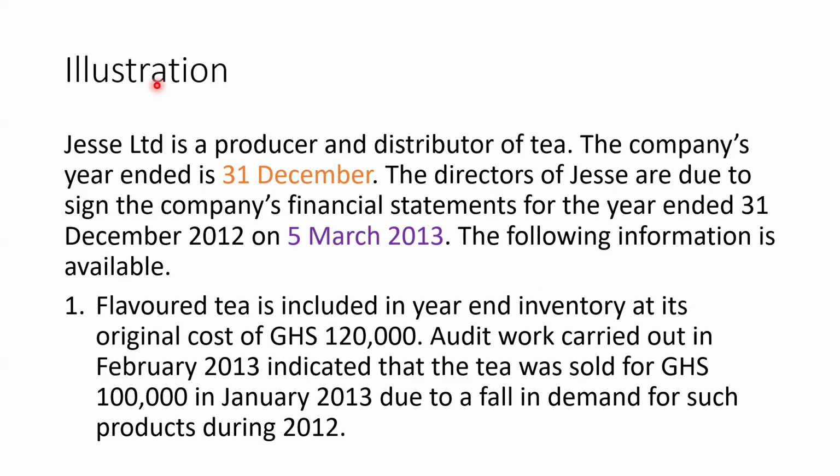So in any IAS 10 question, you should be able to define these two dates, the reporting date and the authorization date. When you are able to define them, then events occurring between these two days are the events after reporting period.